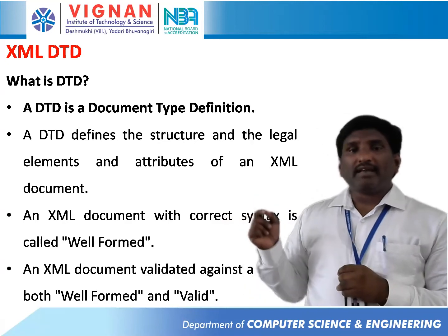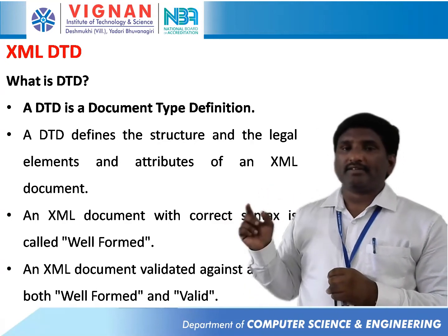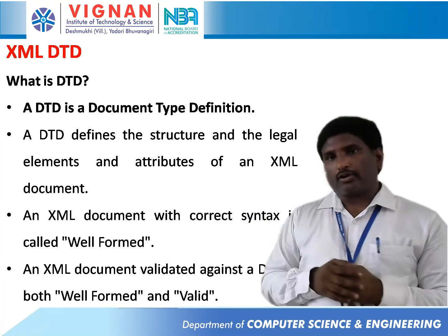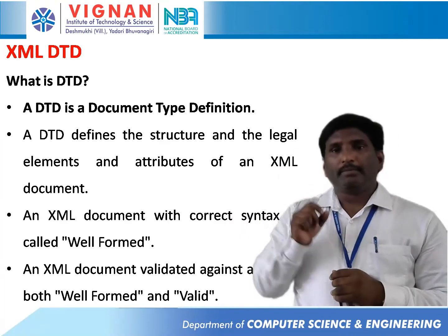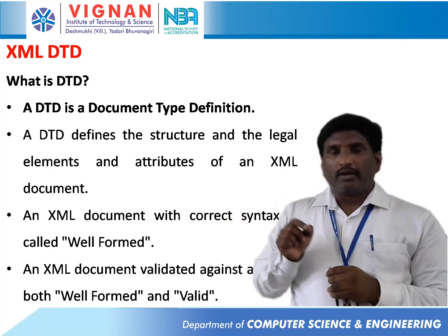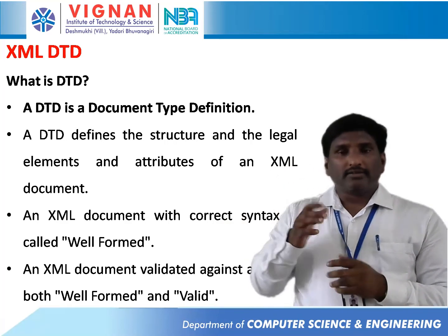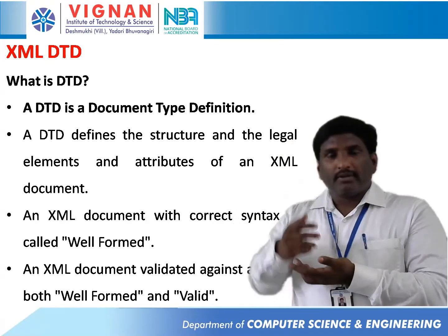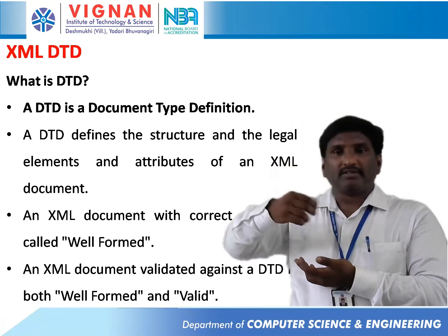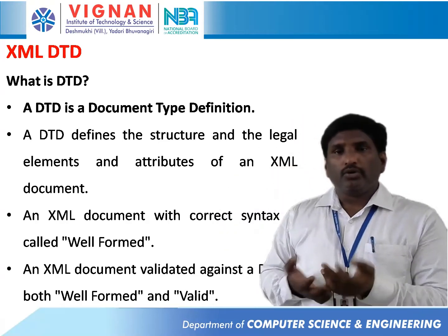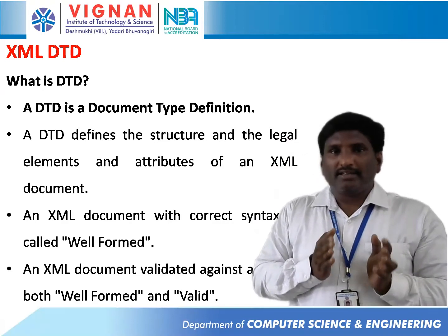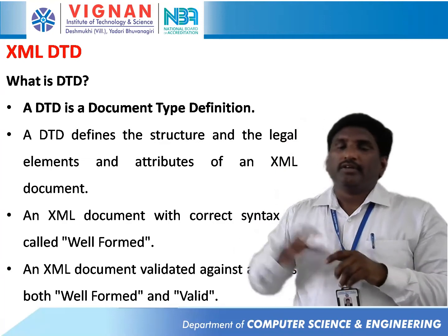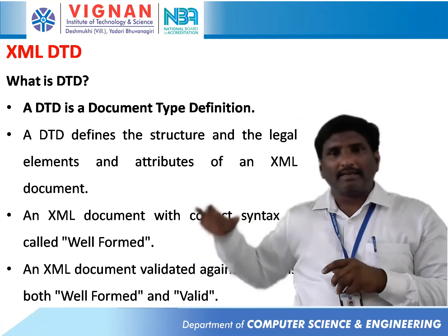A DTD defines the structure and the legal elements and attributes of an XML document. Earlier we wrote the XML elements note, to, from, heading, and so on. We have written them based on the requirement, so we need to provide the definitions of these elements in an extra document, that is the DTD.